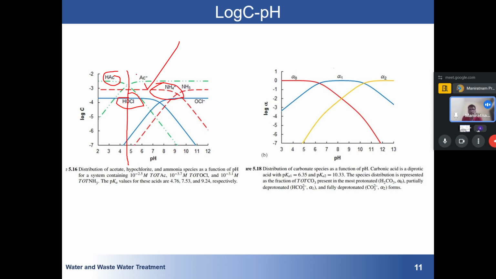And this was for a monoprotic acid. Similarly, for a diprotic acid, you can see I have plotted this for carbonate. The pK values are 6.35 and 10.333.